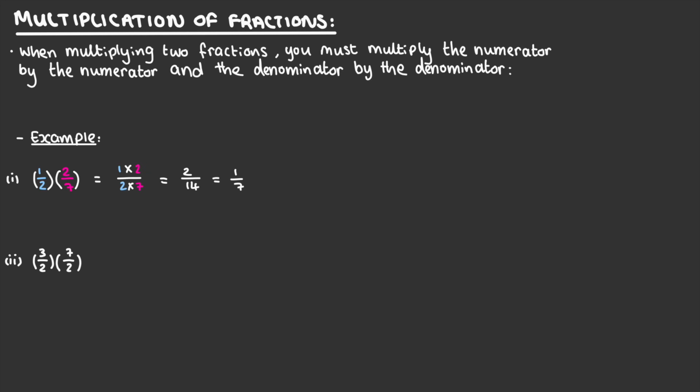Again, for multiplication of two fractions, we multiply the numerator by the numerator and the denominator by the denominator. Here we've got 3 multiplied by 7 divided by 2 multiplied by 2. 3 multiplied by 7 is equal to 21, and 2 multiplied by 2 is equal to 4. Now this fraction cannot be simplified anymore, since 4 cannot divide into 21 evenly without leaving a remainder.